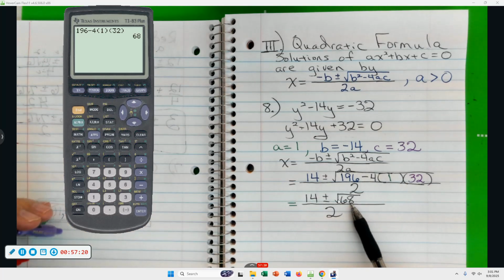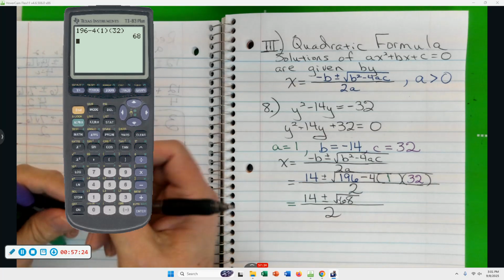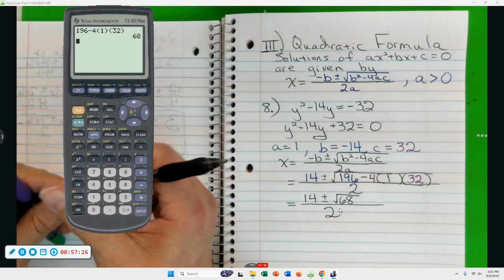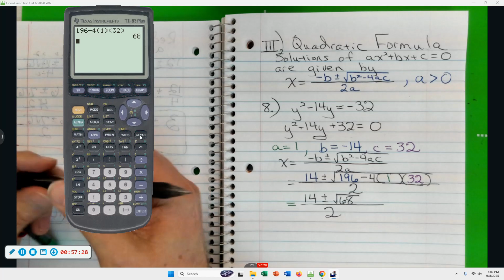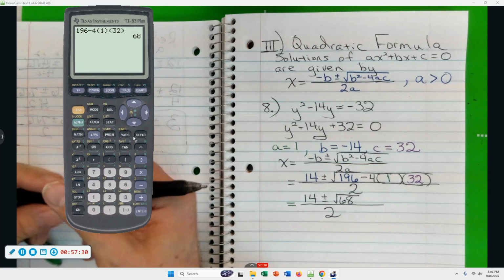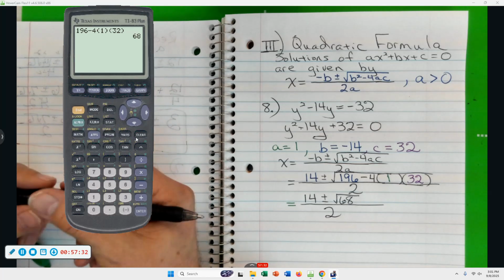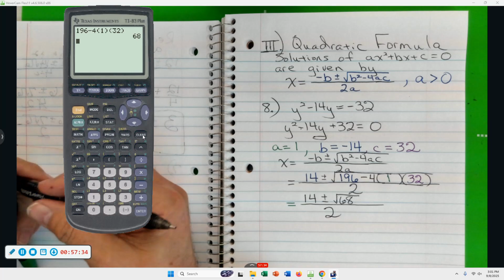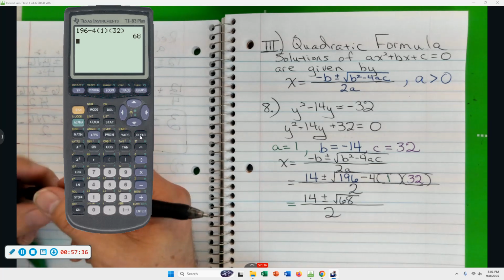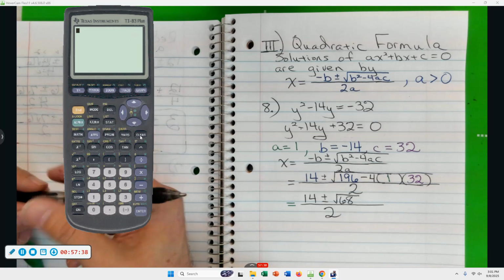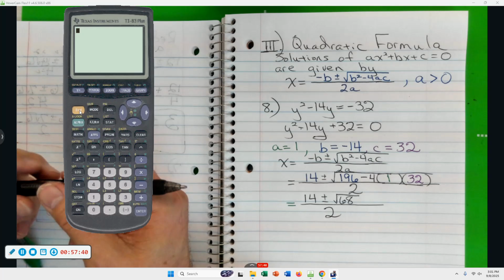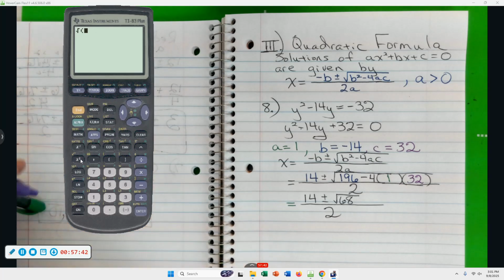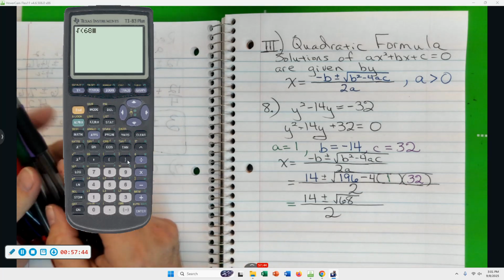Who has one of those little Casio calculators that you just punch in square root 68 and it doesn't give you a decimal, it reduces it? I think the Casio FX 300 will reduce it very nicely, but I don't need a calculator to do this.